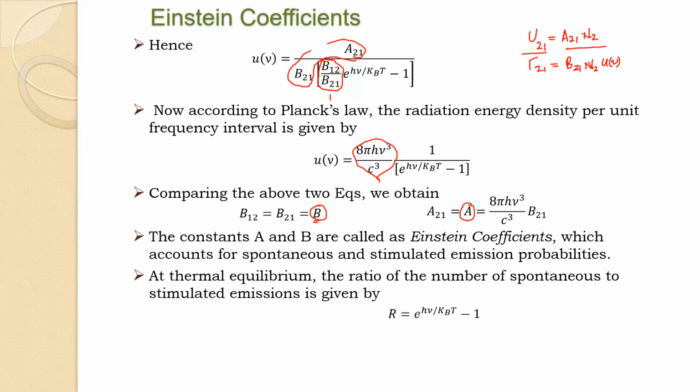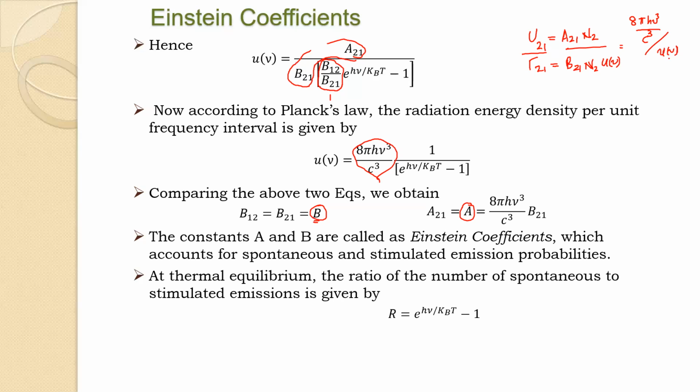N2 and N2 cancel out, then A21 divided by B21. What is A21 divided by B21? It is equal to 8 pi h nu cube divided by c cube, that quantity divided by u of nu.